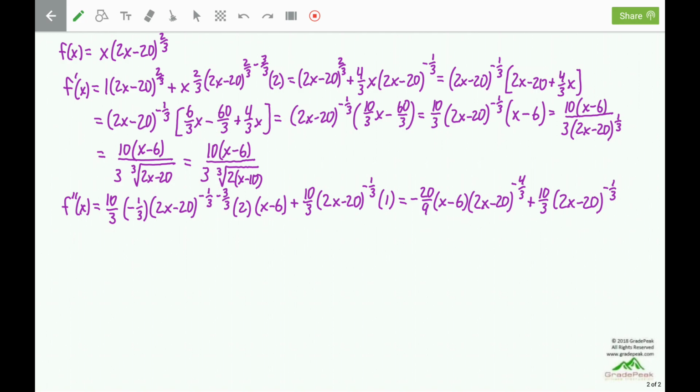We want to fully factor the second derivative. There are coefficients that can be factored. There's a 20 over 9 and there's a 10 over 3. It's best to have a common denominator between those before we factor out. So we will multiply the 10 over 3 by 3 over 3.